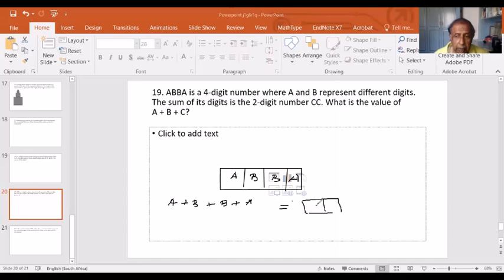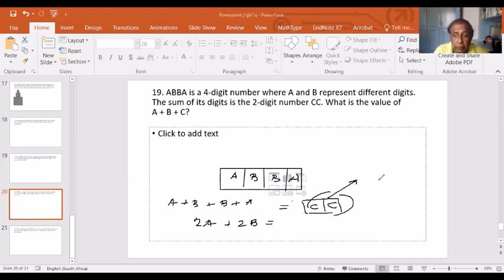Let's put it down like this. So what do you have? You have 2A plus 2B equals, now be careful, don't say this is 2C. Right? This is not 2C. This is a 2-digit number. But both the digits are the same.